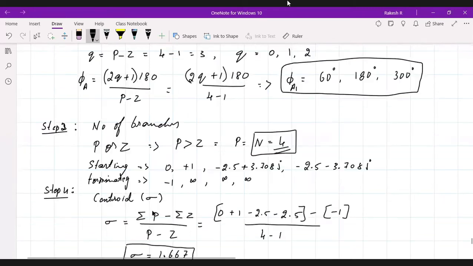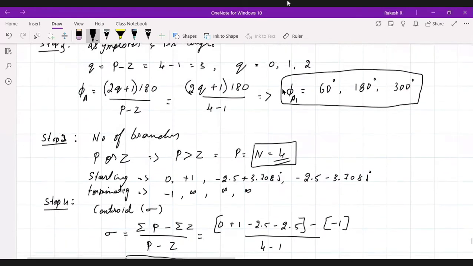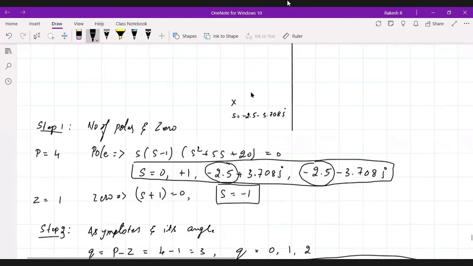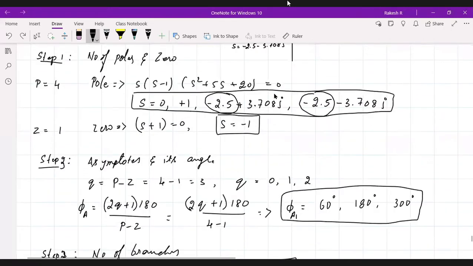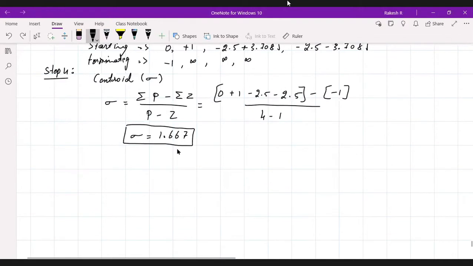Now we shall mark the centroid first. Just check the centroid again. The centroid is minus 1, not 1.667. Yes, minus 1.